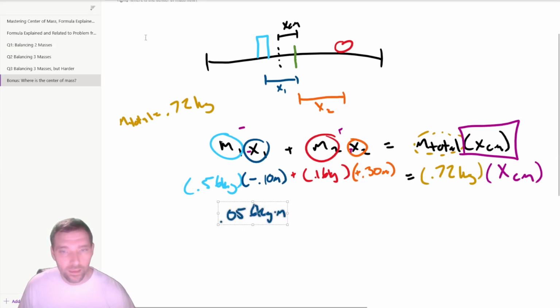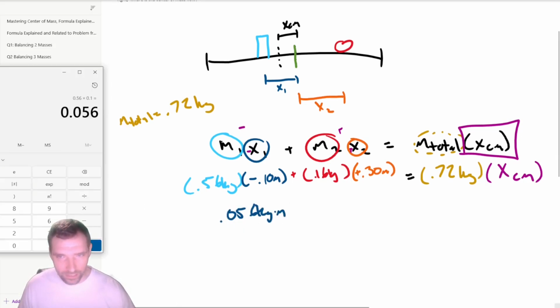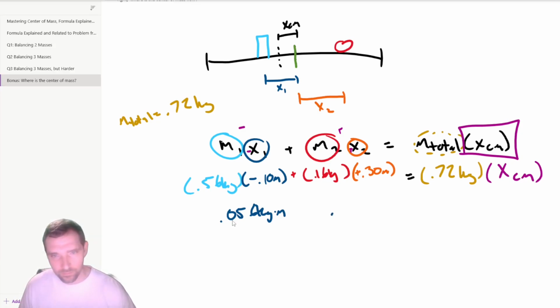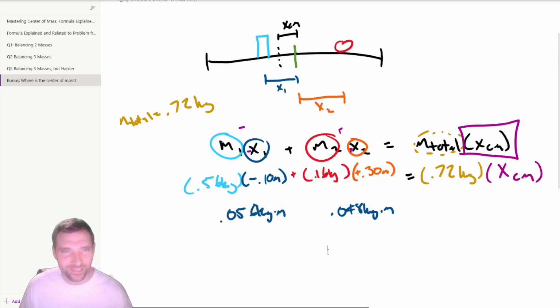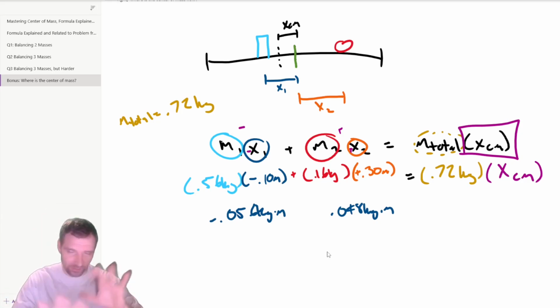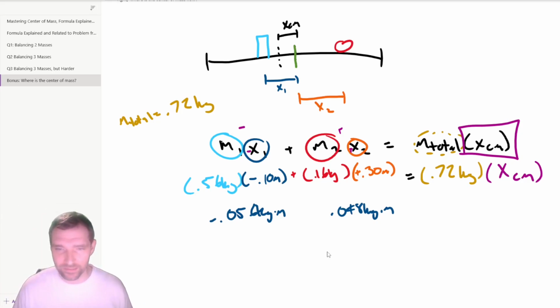And then we're going to have our 0.16 times 0.30, 0.048 kilogram meters. You may be like, wait, what? Hold on. This needs to be negative. Yeah. You've got to make sure that you're checking the diagram to know which of these parts will be negative and which will be positive. If you look above, this was going to the left, so it should be fine.